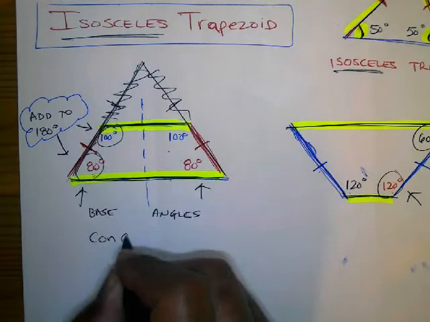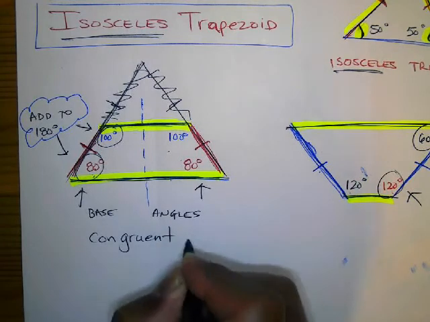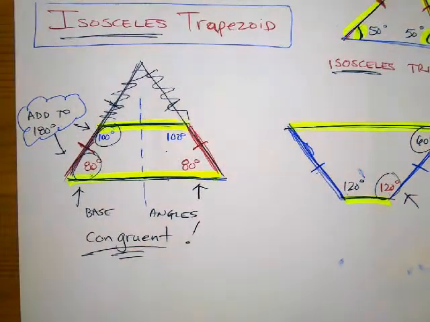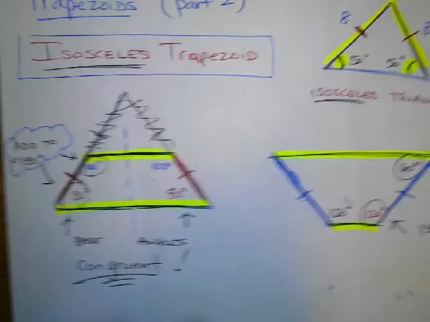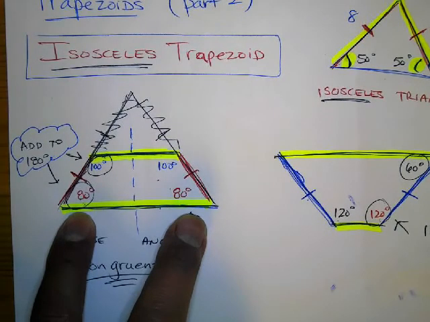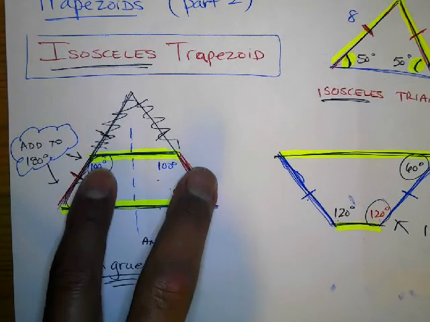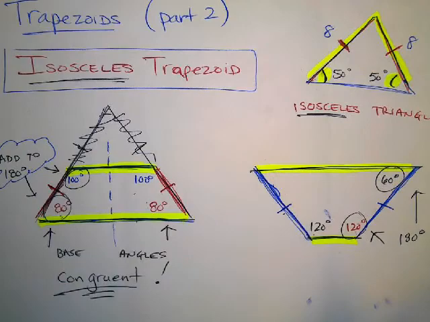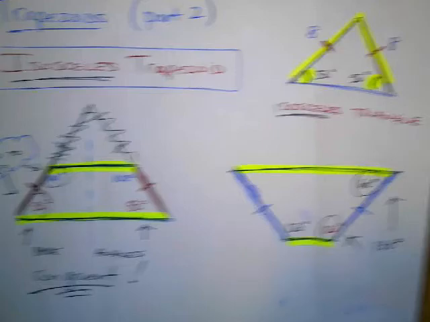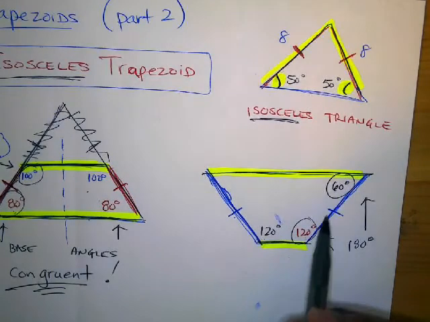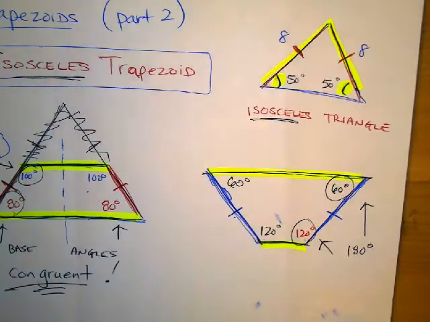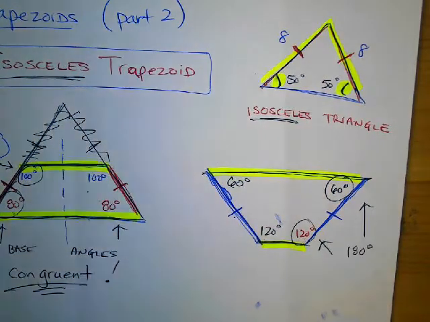Oh, I should have written over here: base angles congruent. But you actually have this pair of base angles and this pair of base angles. Okay? So that's 60, that means this one's 60.